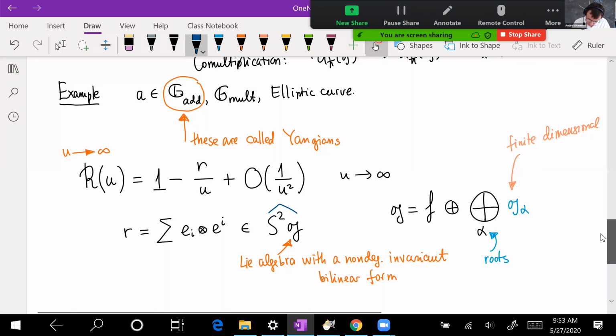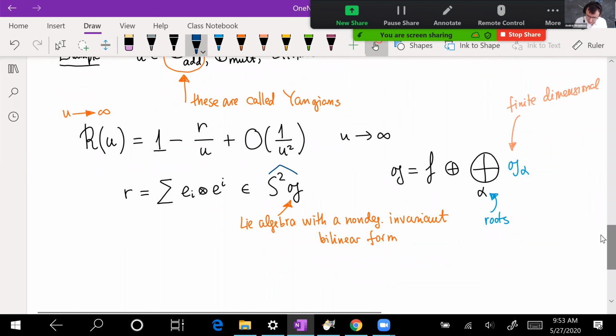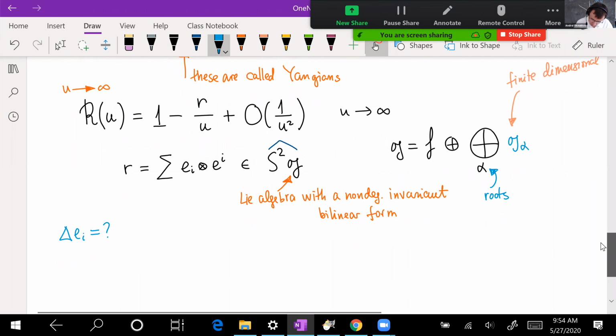Now what would be the coproduct of each E_i by this rule? First question: I want to know the coproduct of E_i.